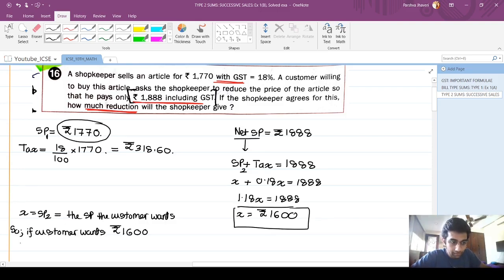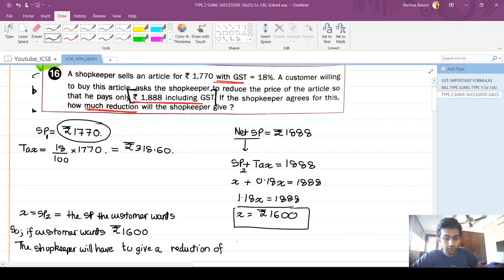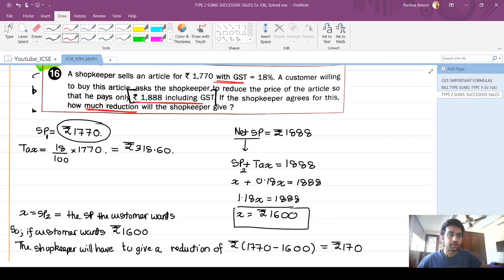The shopkeeper will have to give a reduction of, obviously, the original SP he was charging minus what the customer needs, which is rupees 170.